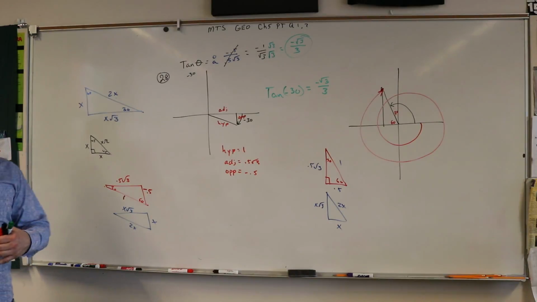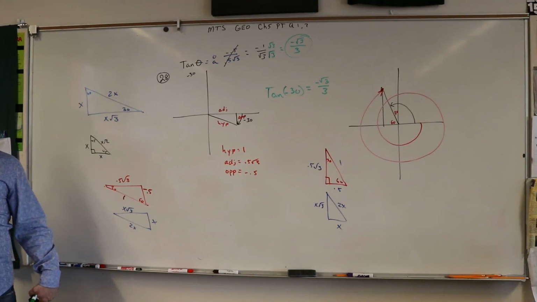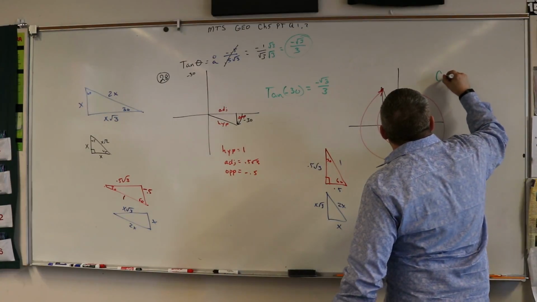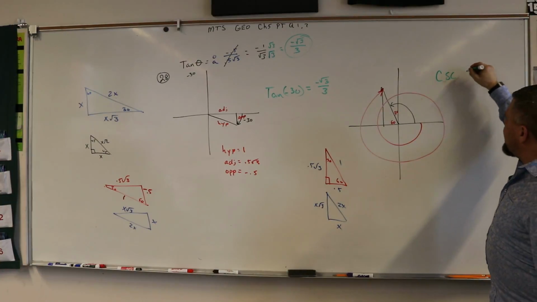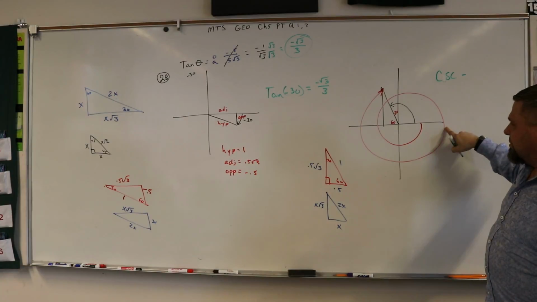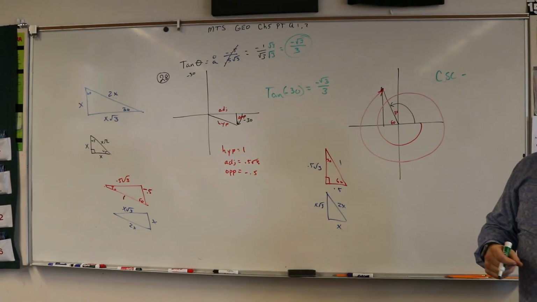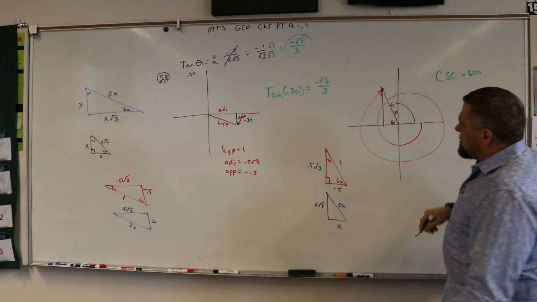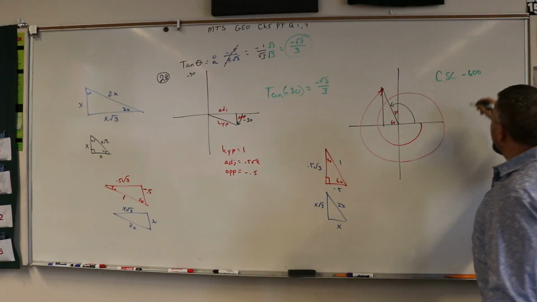Now, what do you want to find? You want to find sine, cosine, cosecant, secant. You tell me. Cosecant? Okay. So we want to find cosecant of, and let's say it's negative 360 plus 180 is 540 plus 60 is 600, so negative 600, which is the same as 90 plus 30, which is 120.